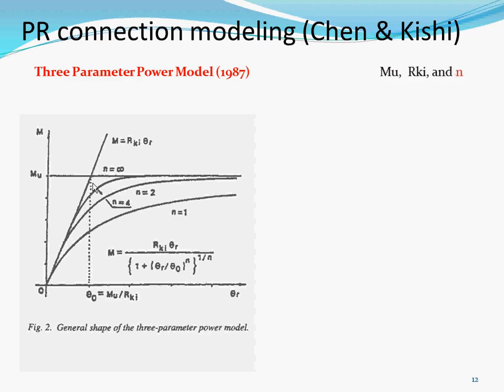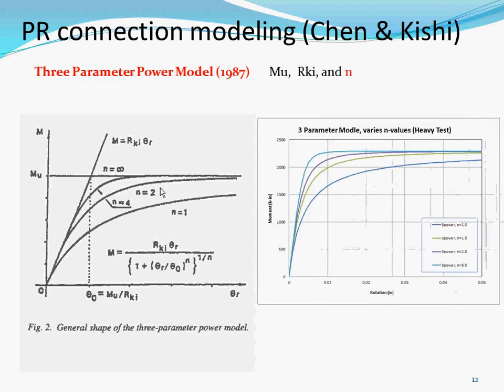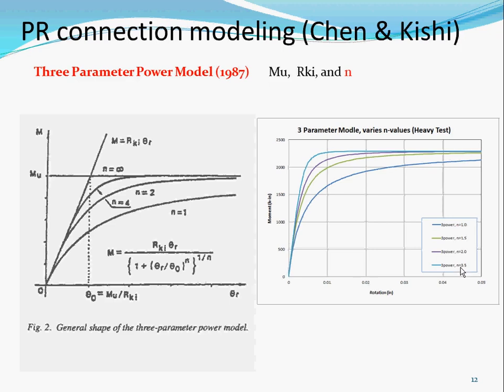Since there's a lot of analysis and a lot of different connections, the n is going to be different for each connection, so it's hard to say what it would be. If I apply this equation to our heavy test, that's what we get for n: 1, 1.52, and 3.5.